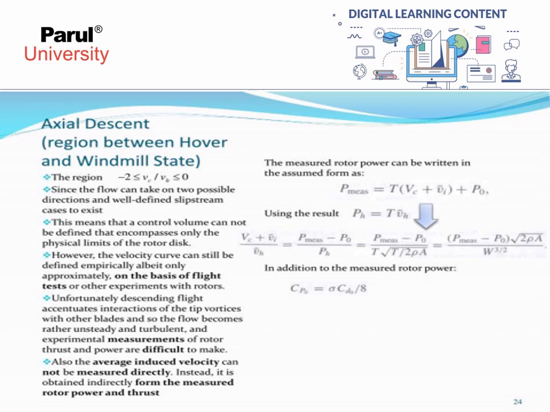The measured rotor power can be written in the assumed form as P measured is equal to T into (Vc plus Vi) plus P naught, using the result Ph equal to T into Vh, and (Vc plus Vi) by Vh is equal to (P measured minus P naught) by Ph, which is equal to (P measured minus P naught) by T times the square root of T by 2 rho A, which is equal to (P measured minus P naught) times the square root of 2 rho A divided by W to the power 3 by 2. In addition to the measured rotor power, Cp naught is equal to sigma Cd naught by 8.